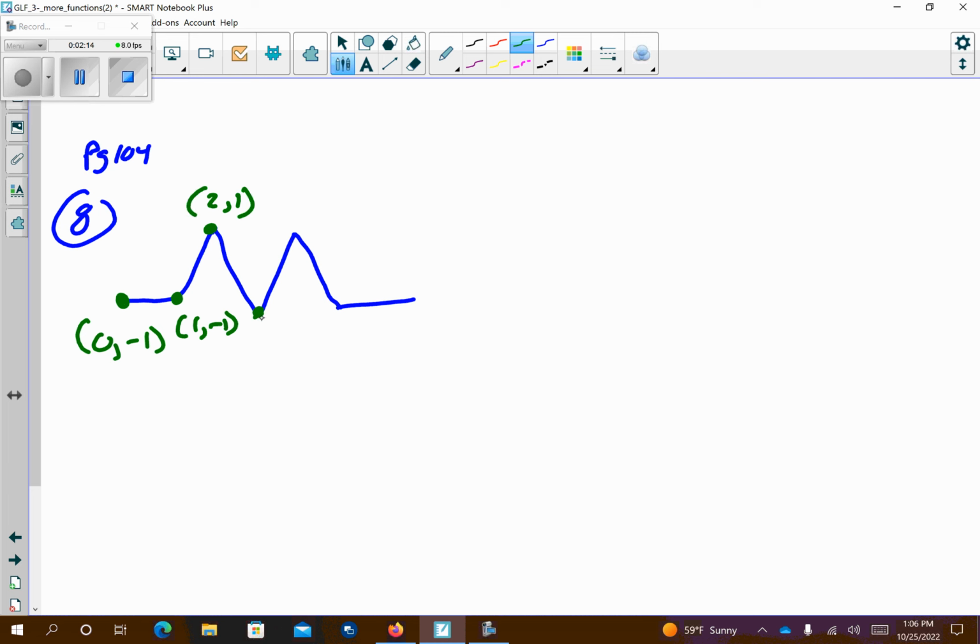Point down here is at (3, -1). The point up here is at (4, 1). The point here is at (5, -1). And then I'd say this looks like an endpoint. I don't know if this keeps going. I think those arrows mean it keeps going. So I think this is going that way and that way.